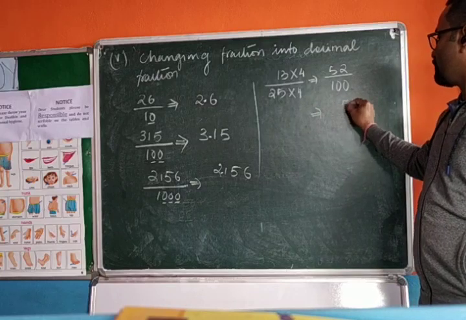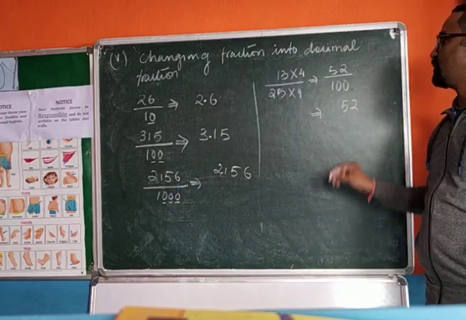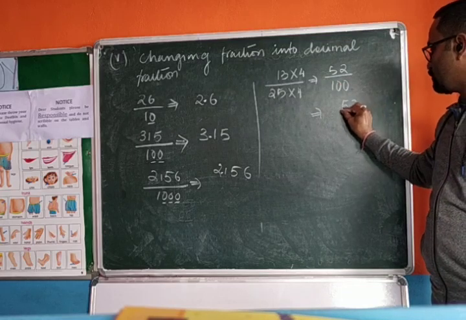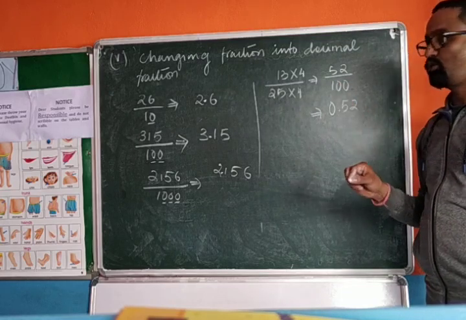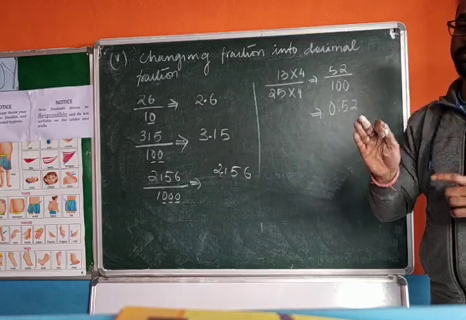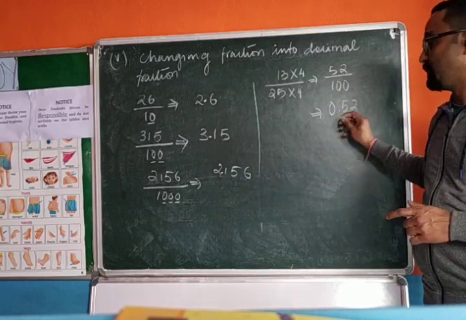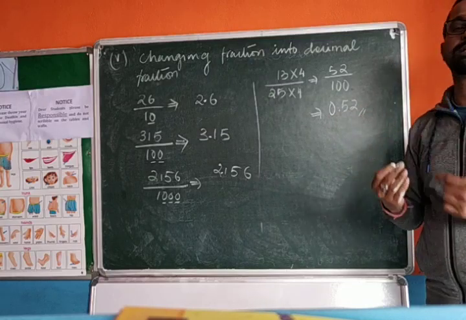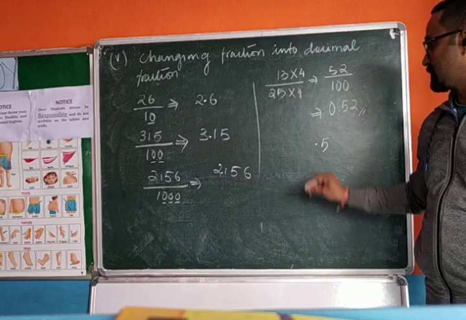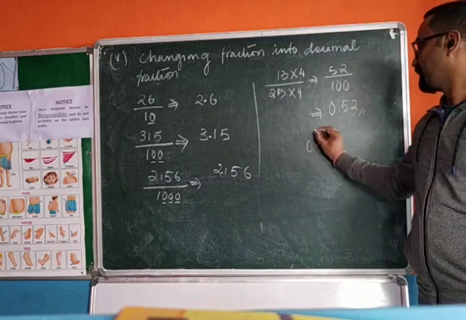So you copy the numerator 52, count the number of zeros, 1, 2, in the denominator, 1 place, 2 place decimal, 0. If you do not have any digit before the decimal, then you must write 0. Please do remember that's how we represent decimals, like 0.5. You should not leave it bare, you have to put 0 in front.